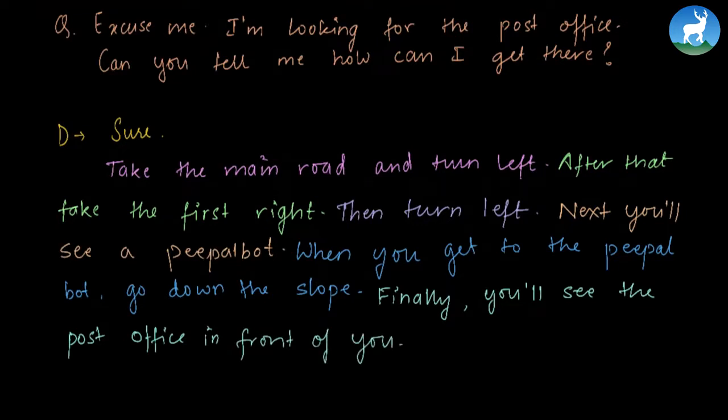So please notice that we're making the use of transition words. After that, then, when you get to a place, finally, and next. These are the transition words that we have used to break the route, right? So you could have said, take the main road and then ask for a people boat and then go down the slope and you'll see the post office.